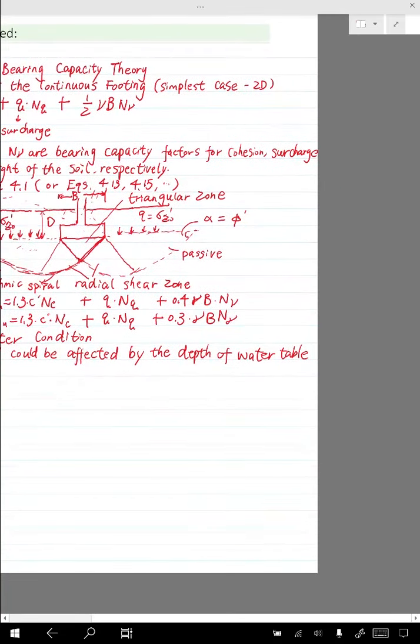We can see that we have three different conditions. So ground surface is kind of a critical depth. The second critical depth is the bottom of the footing. And the third depth is the bottom of this radial shear zone.